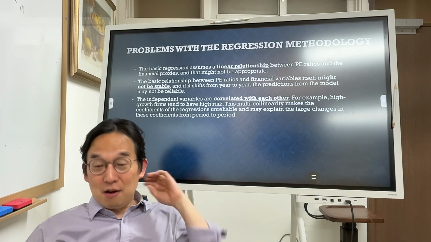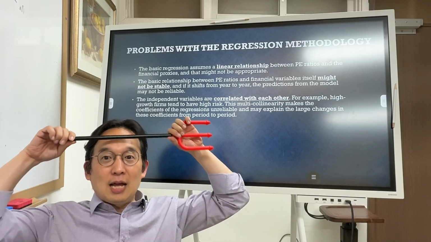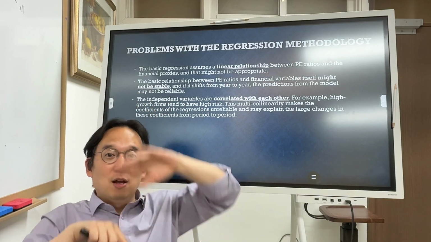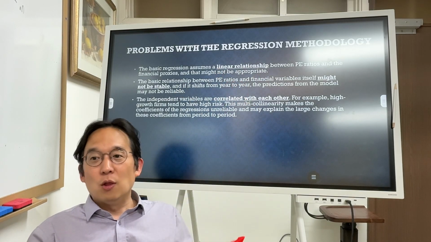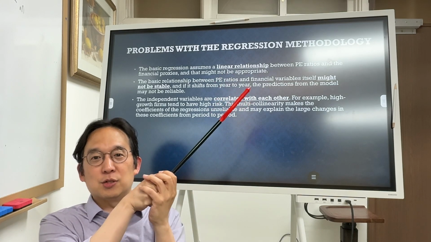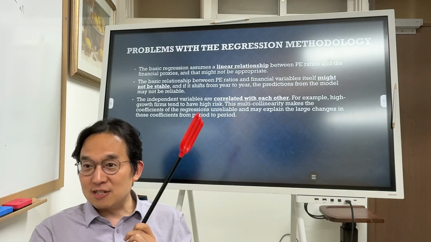All in all, regression assumes a linear, straight-line relationship, not a curvy relation like this, or any transcendental function thing. No sine, cosine, no way. It's just a straight line assumed. There is a limitation. What if it is not?